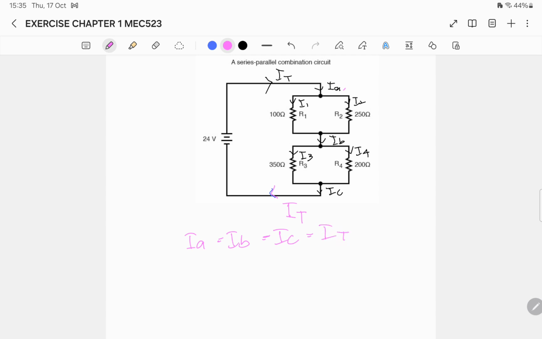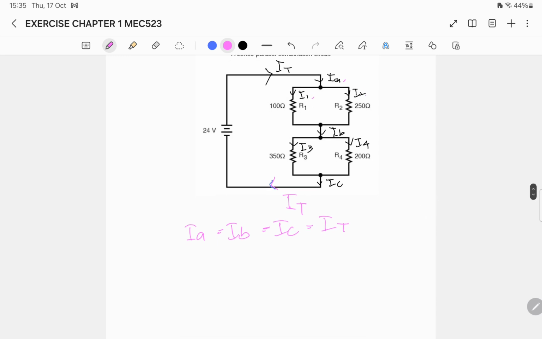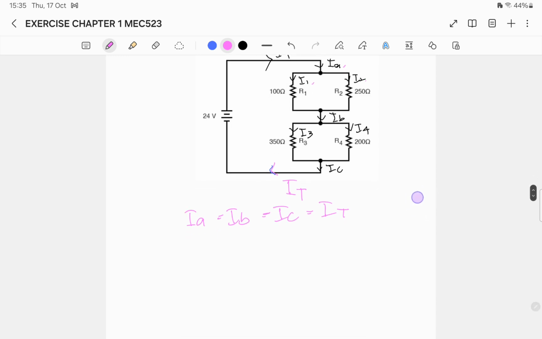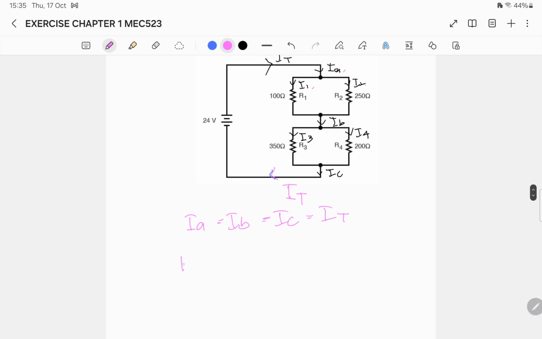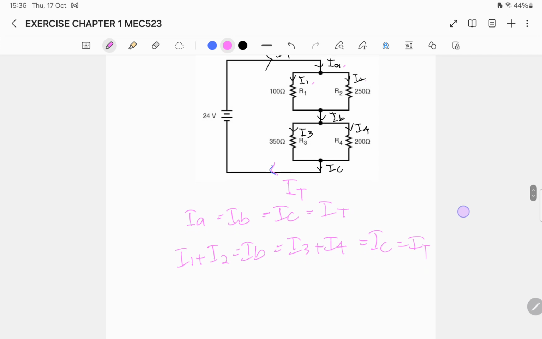Okay. Macam mana nak kira I1 and I2? Okay, IA equals to I1 plus I2, I1 plus I2 pula jadi IB. Kan? IC pula is I3 plus I4. I3 plus I4 dapat IC. Sama dengan I total.